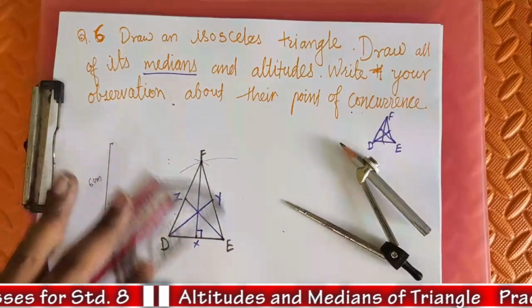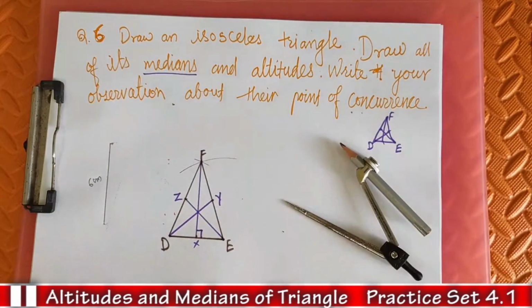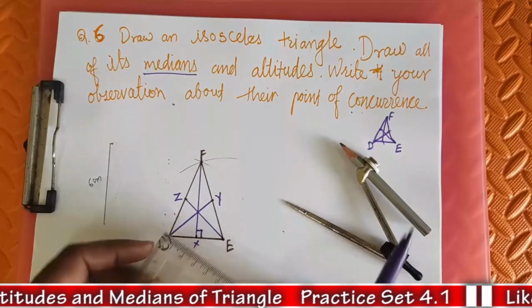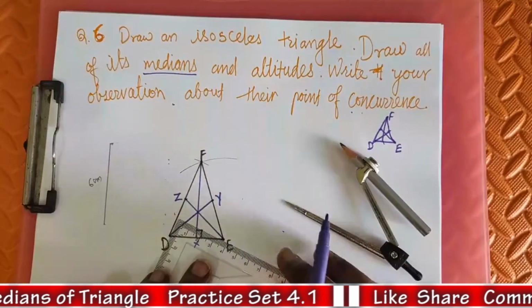Now take a set square and keep it on this side DF.